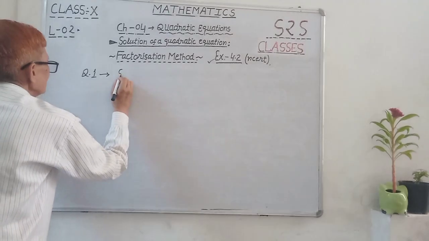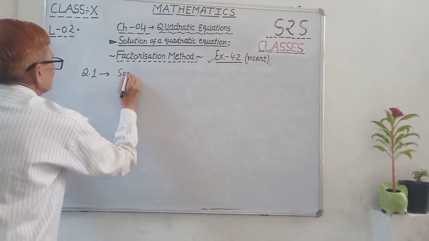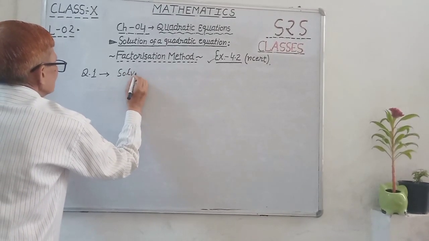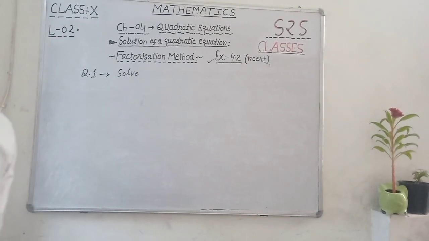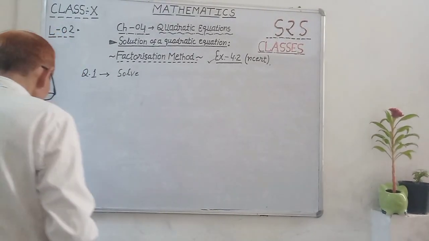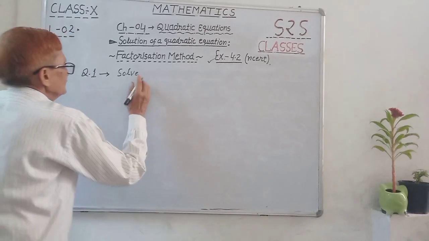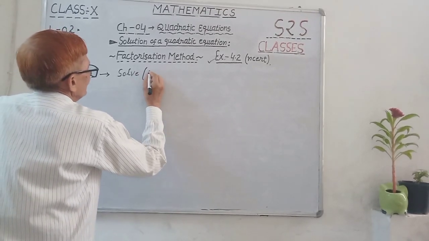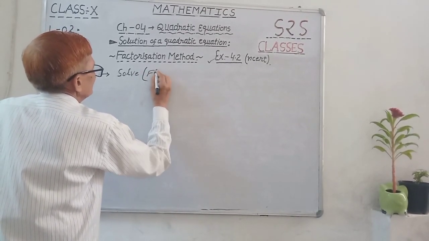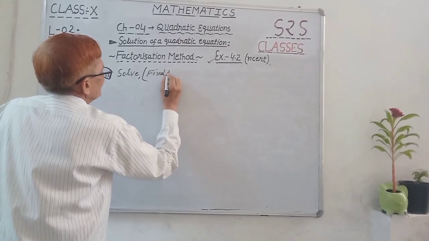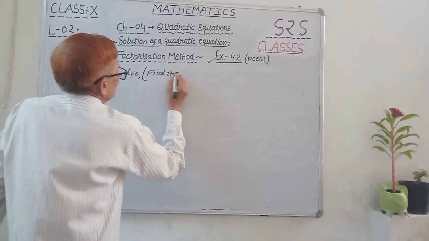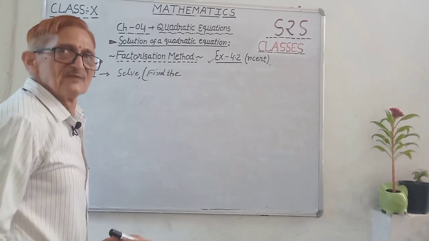Solve the following equations. Exercise 4.2 and question number 1. Find the roots of the following quadratic equations. Solve, or we can say find the roots. I told you roots and the solution are the same thing.